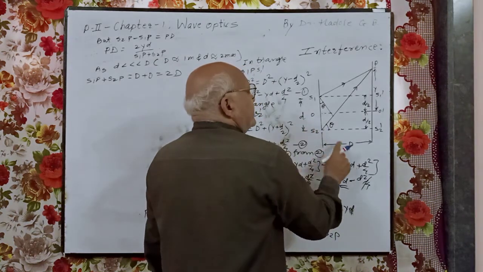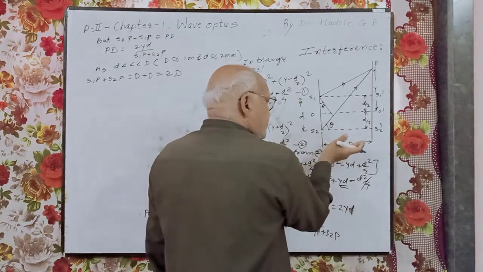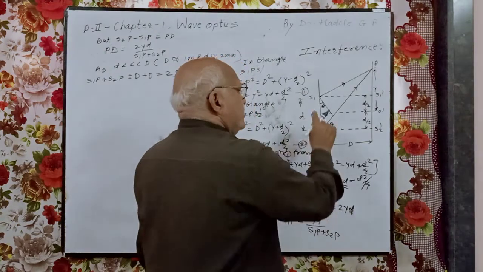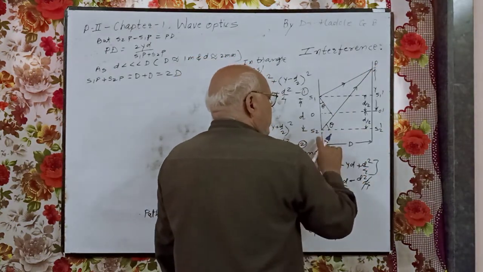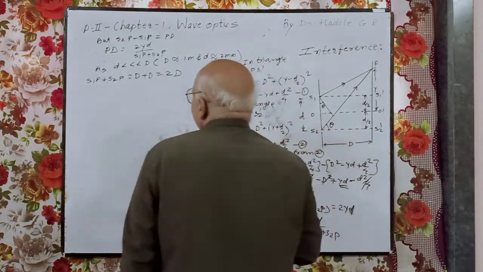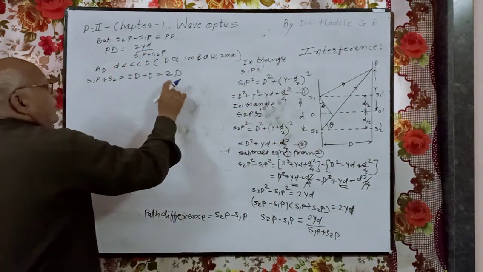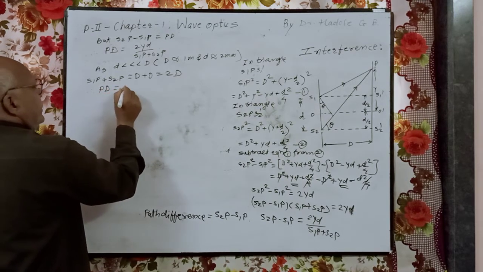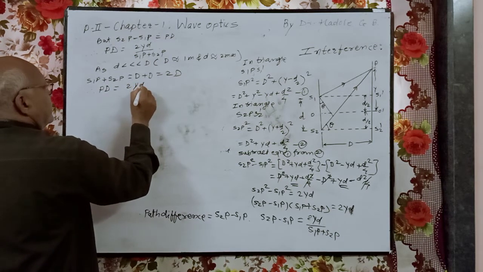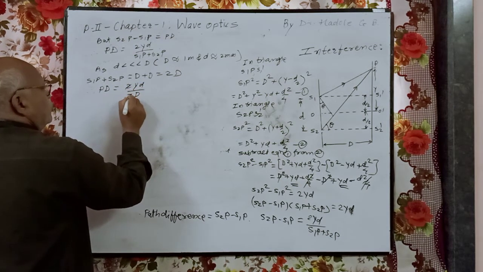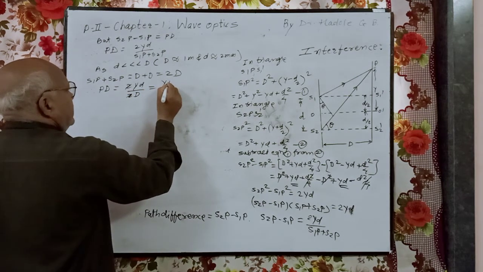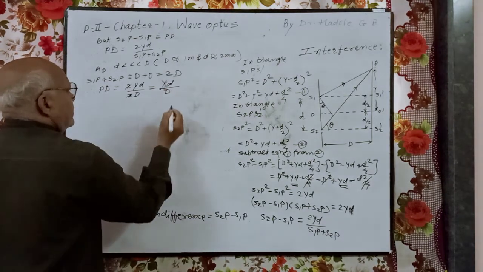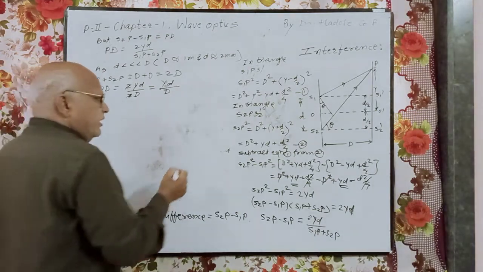As this small d is very small compared to capital D, this distance is nearly equal to this distance, and therefore S1P equals capital D and S2P equals capital D, and the sum of these two is twice D. Therefore path difference PD equals twice YD upon twice D, 2 gets cancelled, which is equal to YD upon capital D. And this is a very important expression.